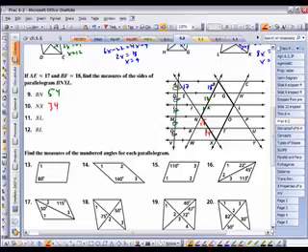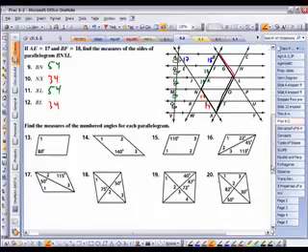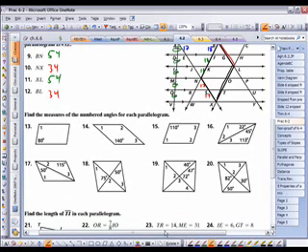XL is over here, that's opposite this one, so opposite 54, of course, is going to be 54. Okay, and BL is over here, and so that's opposite NX, so that'll be 34 also, because opposite sides are congruent.